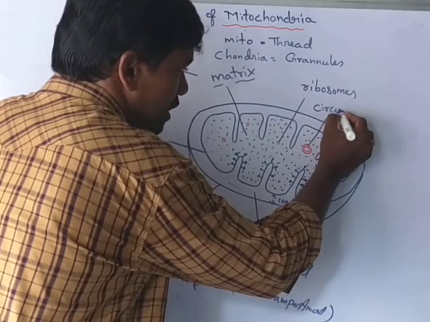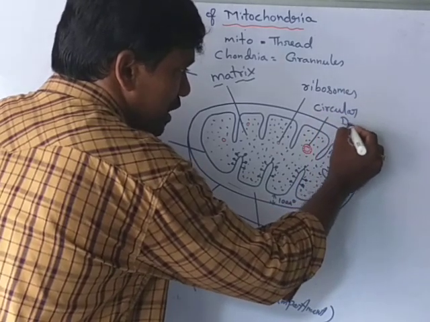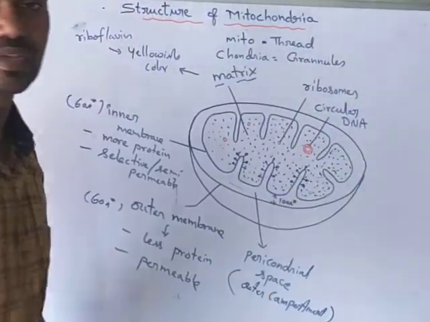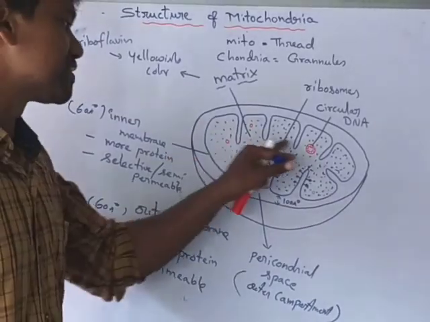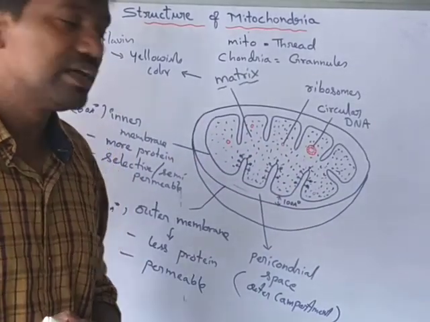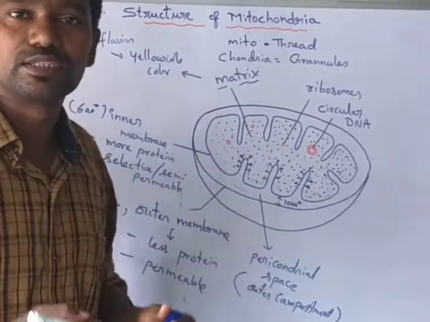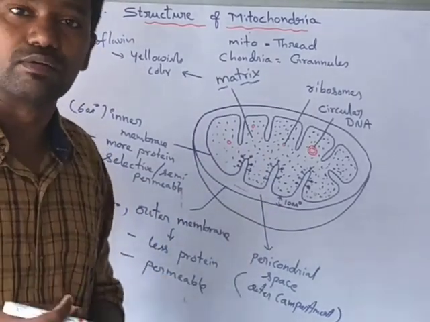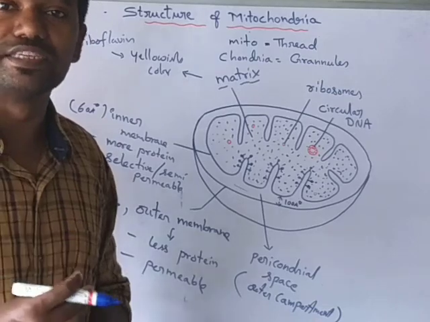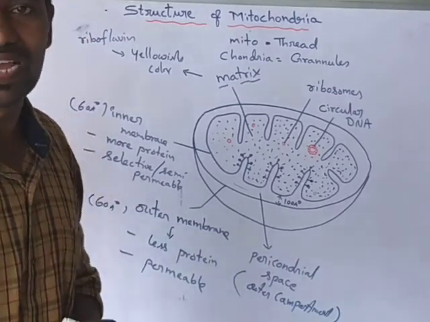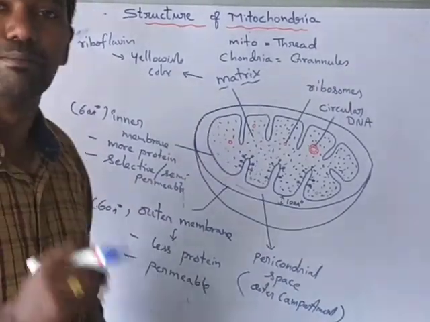These structures are present in the matrix. The matrix also contains divalent ions like magnesium, manganese, and ferrous.